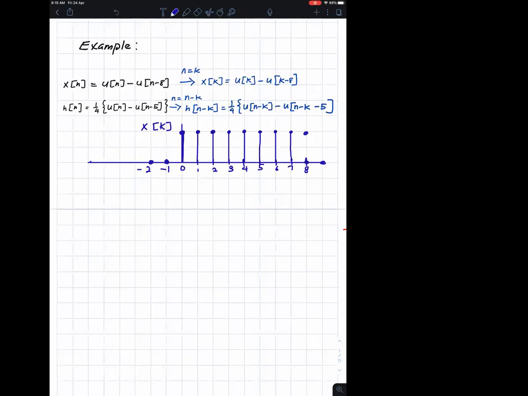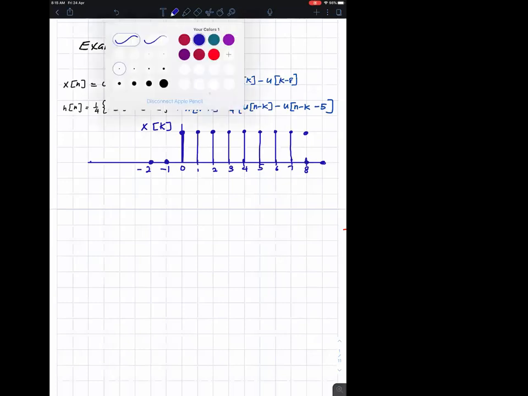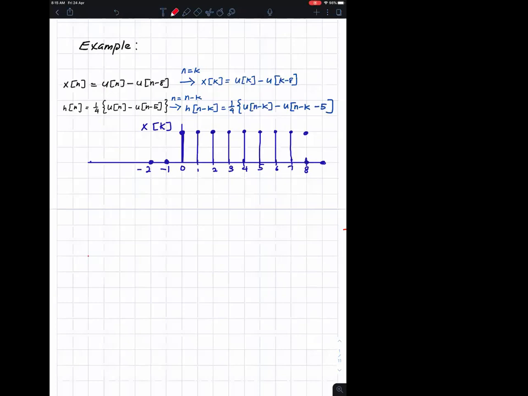Then next you plot h[n minus k]. By the way, the amplitude here is 1.